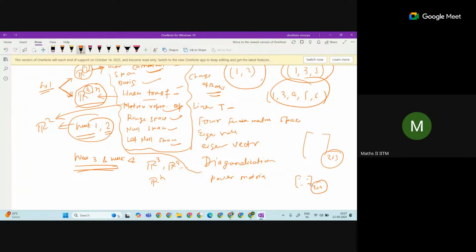For 3 by 3 it is going to be 9 numbers. Because of this calculation and visualization part, it is broken in 2 parts, so that you can easily understand it.